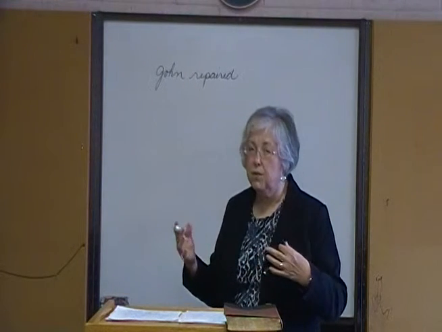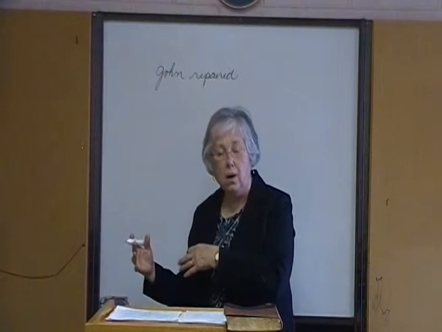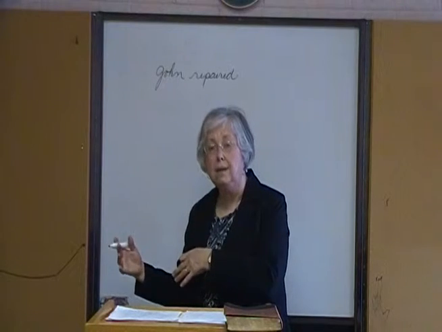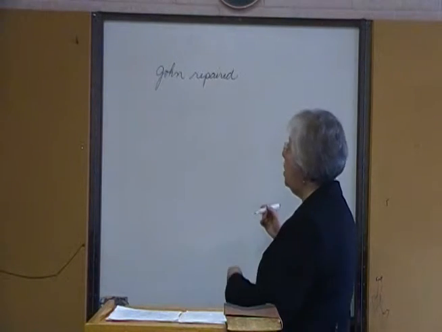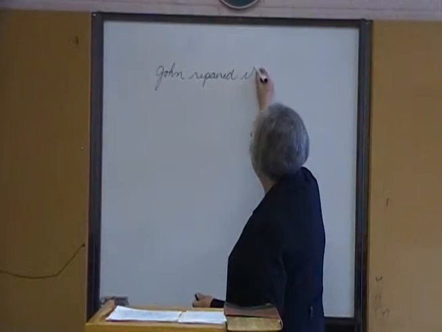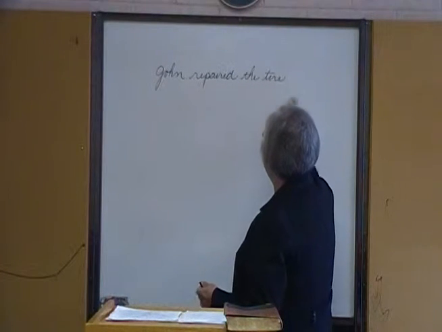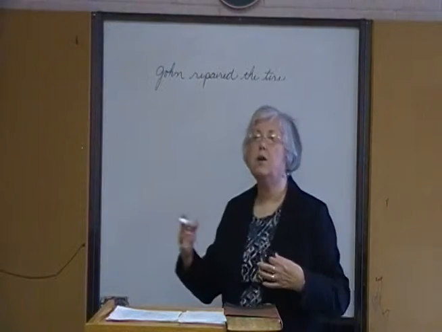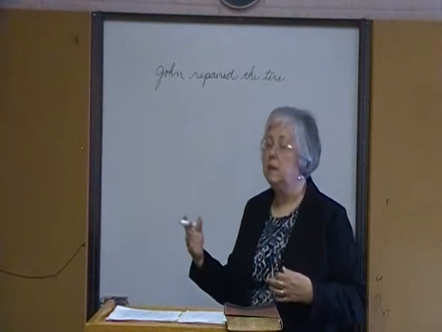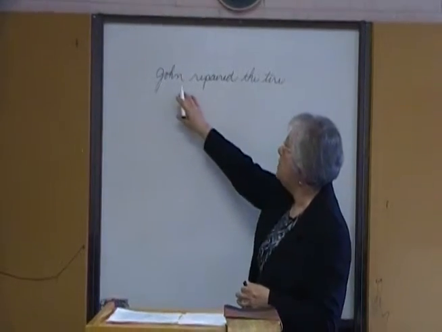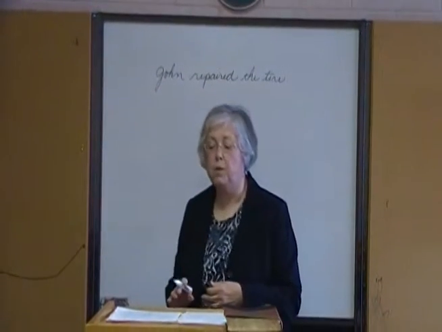The subject and the verb need additional parts to complete the meaning started. So, John repaired the tire. The tire is a complement. It completes the meaning started by the subject, John, and the verb repaired.